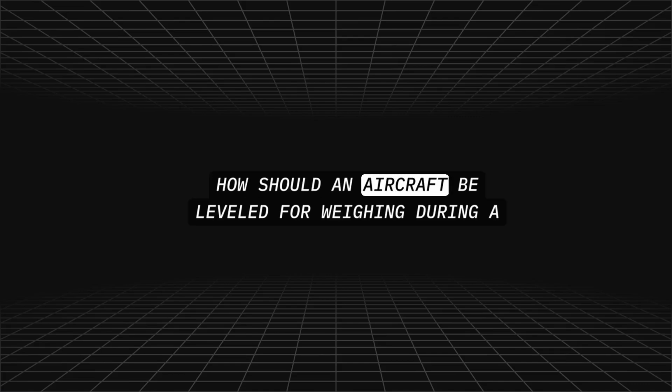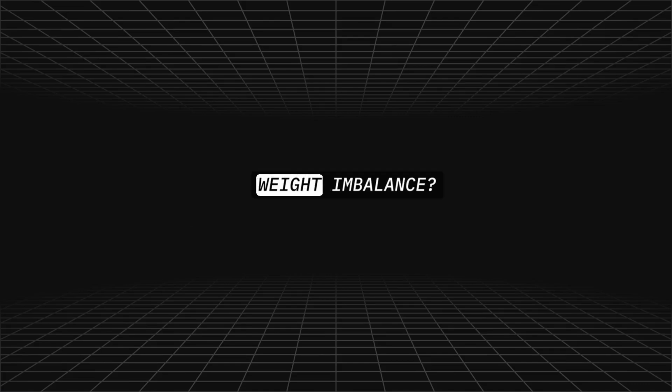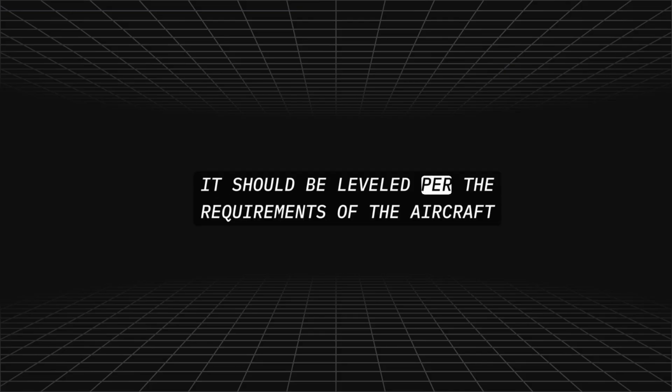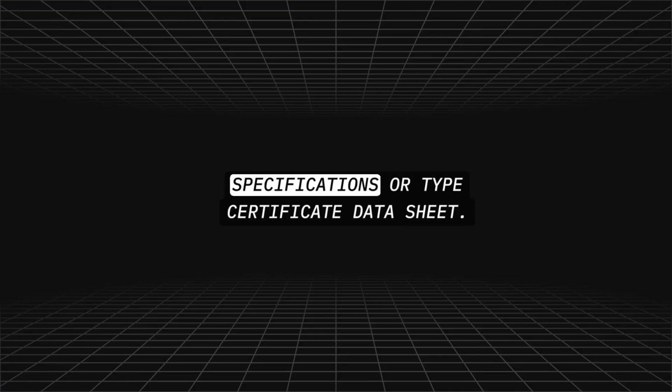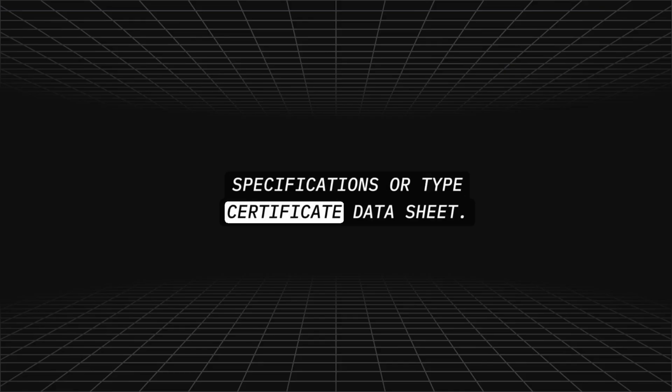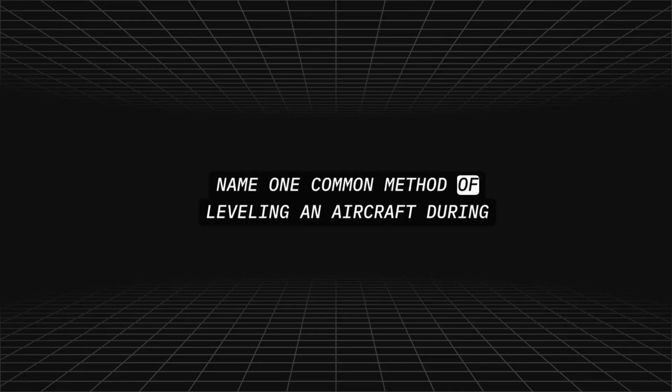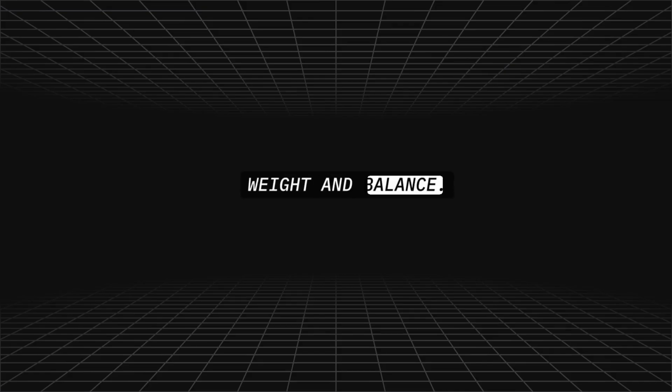How should an aircraft be leveled for weighing during a weight and balance? It should be leveled per the requirements of the aircraft specifications or type certificate data sheet. Name one common method of leveling an aircraft during weight and balance.